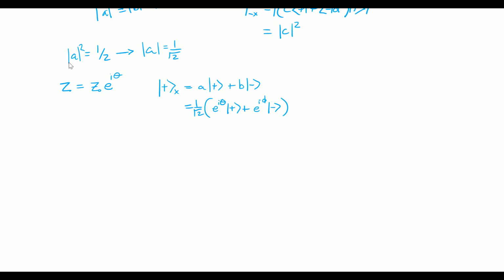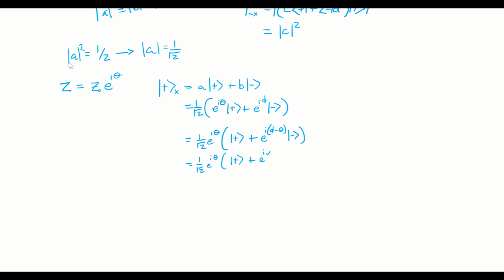Now, let's just factor it out, and we'll get to why in a minute. Let's factor out this e to the i theta, and we get 1 over root 2 e to the i theta times spin up in the z direction plus e to the i (phi minus theta) spin down.